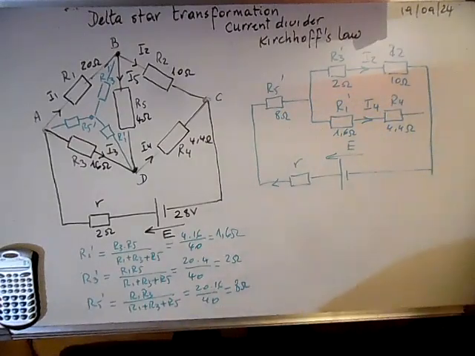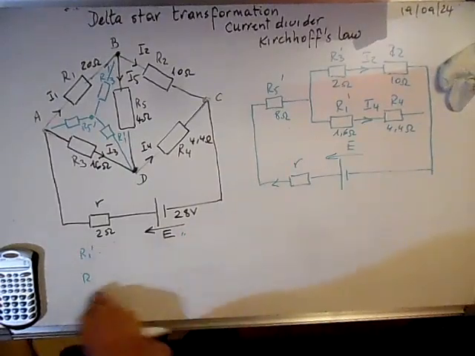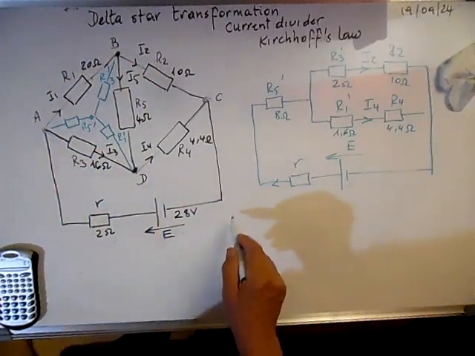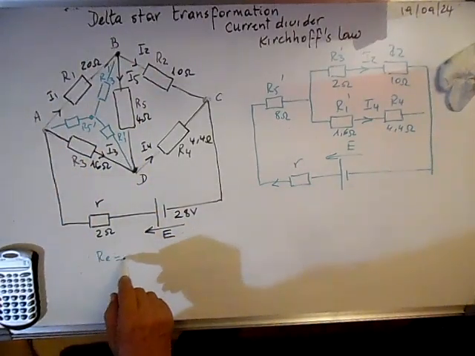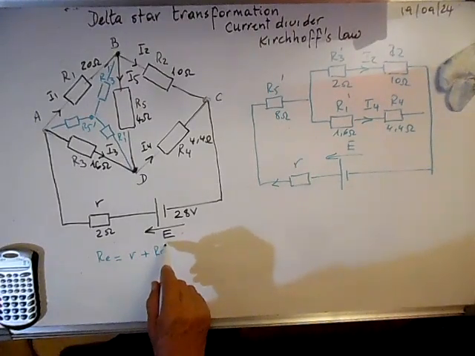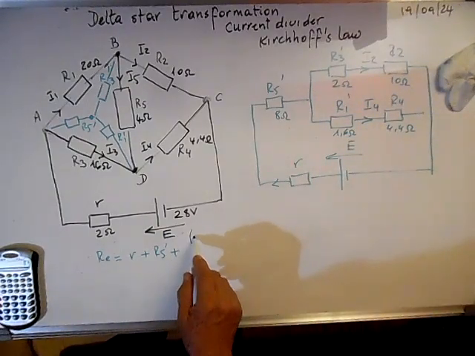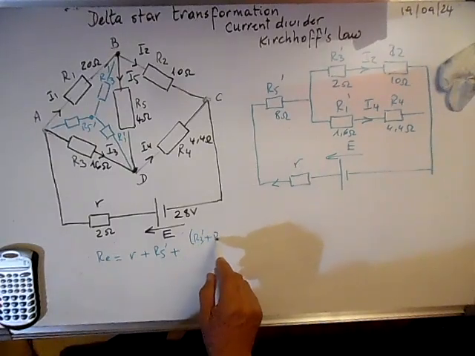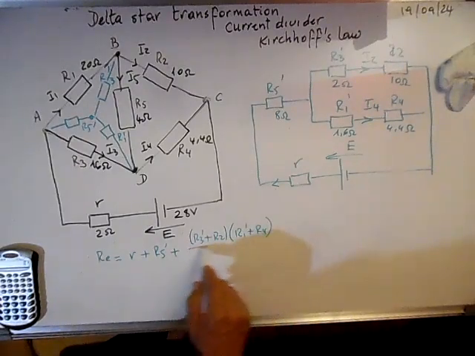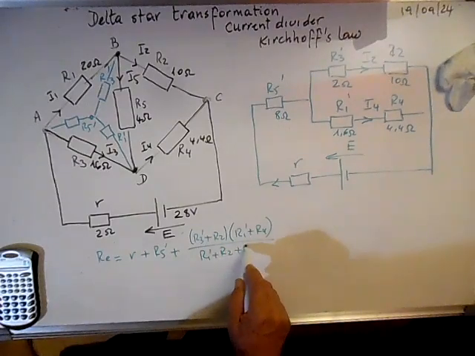So we can calculate now the equivalent resistance of this circuit. We can write it here. Our equivalent is R, plus R5 prime, plus the two branches which are in parallel, R3 prime plus R2 times R1 prime plus R4 over the sum of the four resistors.